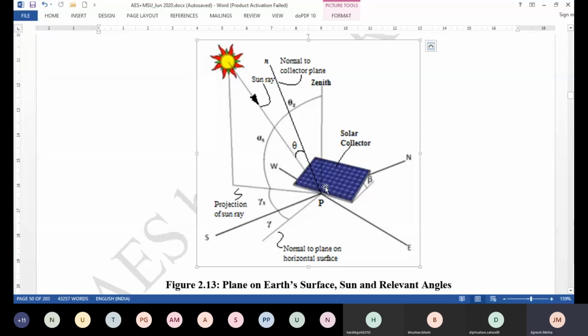These angles would be used to get, as I told, the most important angle, theta, that is the incidence angle, right? And this alpha s value would be maximum at the time of solar noon. It will not reach 90 degrees all the time, but the maximum value will occur at the time of solar noon.